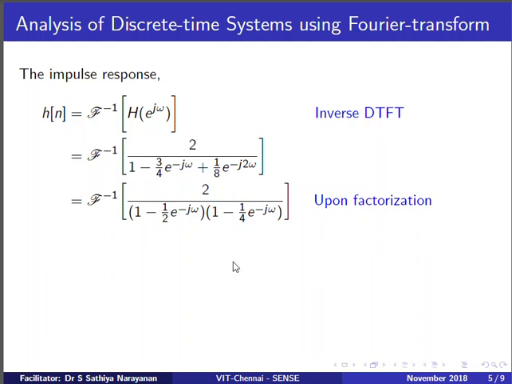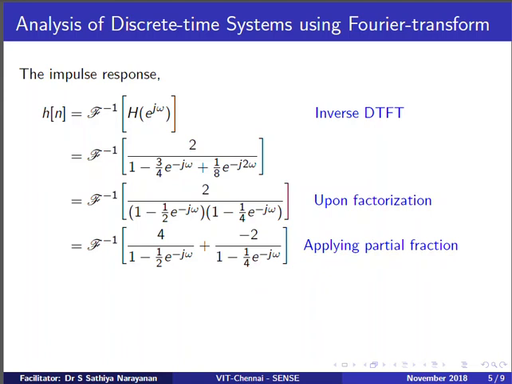So now the next step is to express this term as a summation of two fractions. Therefore, we need to use partial fractions. When we apply partial fractions, the term inside the square bracket becomes a summation of two terms. The first term is 4 divided by 1 minus 1 by 2 e raised to the power minus j omega, and the second term is minus 2 divided by 1 minus 1 by 4 e raised to the power minus j omega.